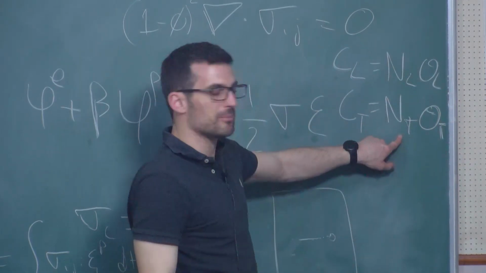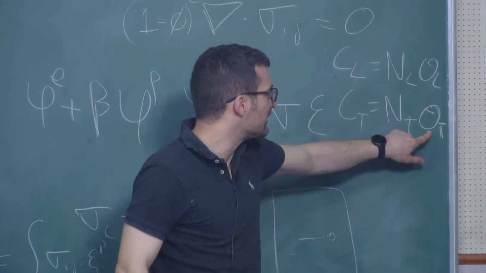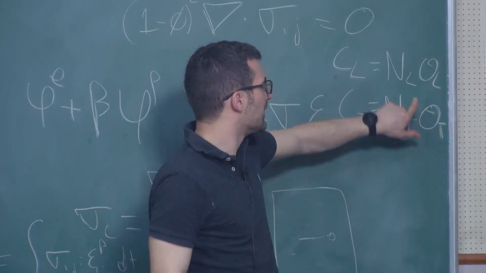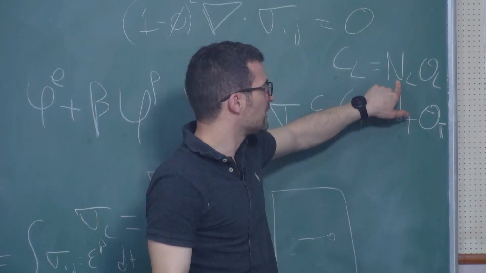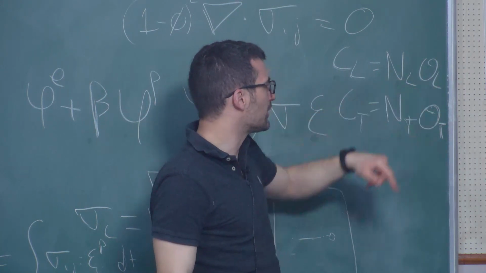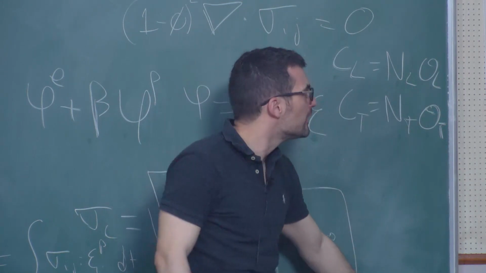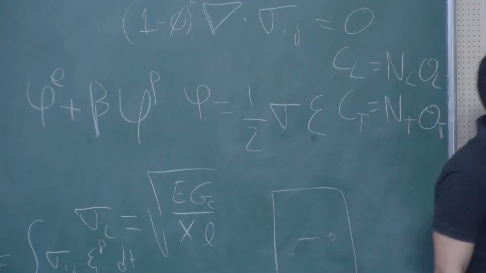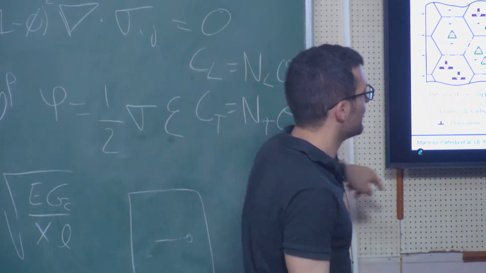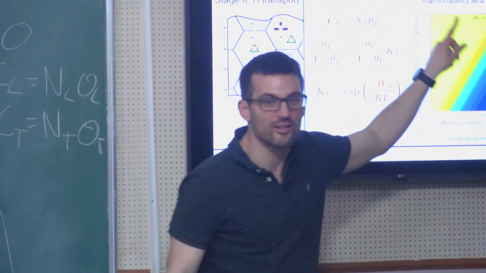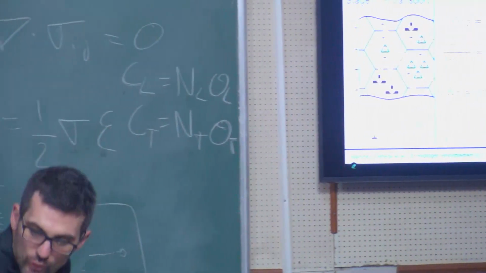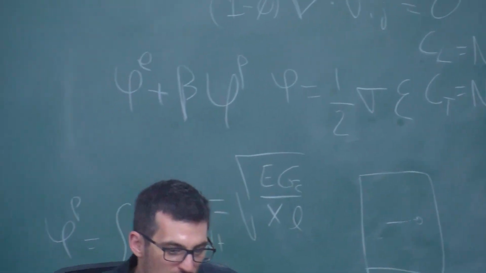So this is the trap density, how many traps you have per unit volume, and this is the occupancy, which goes from 0 to 1. And this is the number of lattice sites, again a density, multiplied by the occupancy, from 0 to 1. So these two are in equilibrium, so I can substitute this one here, and I can plot lattice concentration versus binding energy versus trap occupancy. And when I do that, you see this complicated picture that we discussed yesterday.